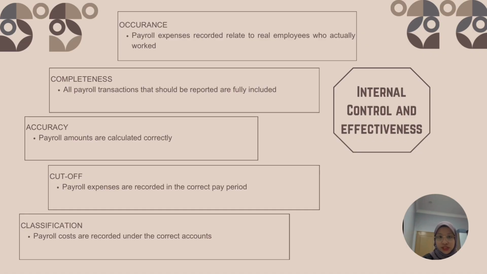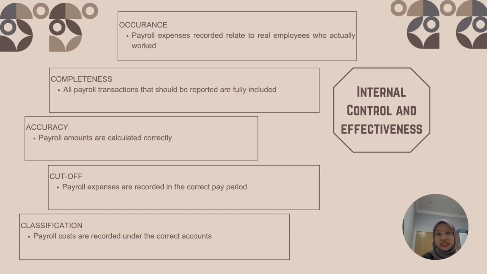Secondly, completeness. Completeness ensures that all payroll transactions that should be recorded are fully included in the accounting records. Controls such as attendance records and reconciliation procedures help ensure no wages or overtime are omitted. This prevents understatement of payroll expenses.